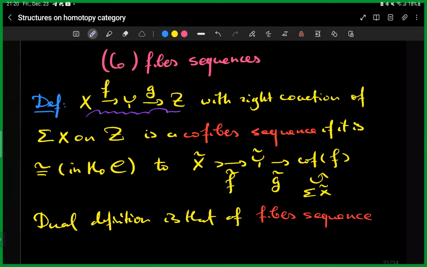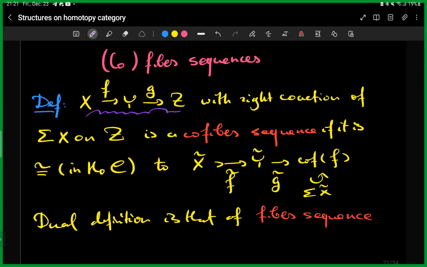And assume that we have a right coaction of sigma X on Z. It's very important to remember that all this business about fiber or cofiber sequences doesn't really work if we don't include the data about the action or coaction, because we can't just say that some two maps form a cofiber sequence. We need this additional structure which exhibits one of the objects as a cofiber or fiber of another map.